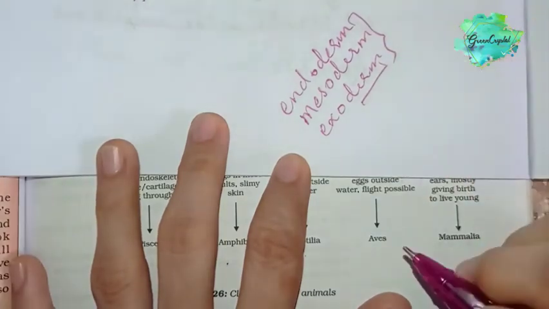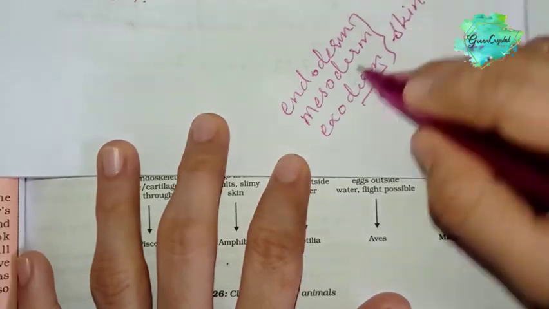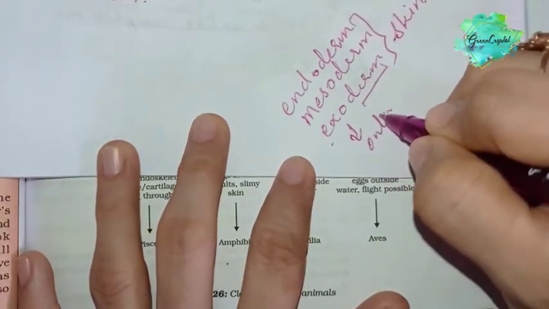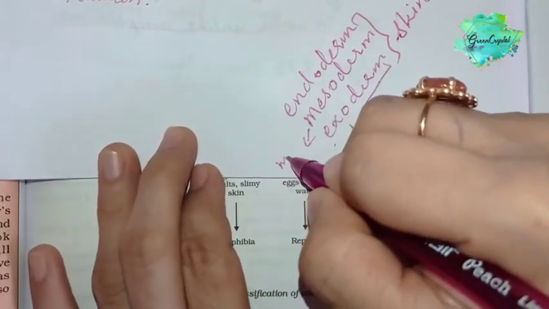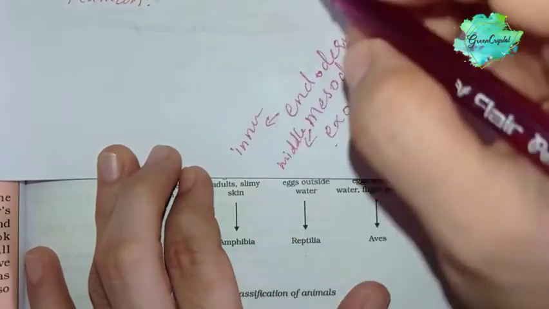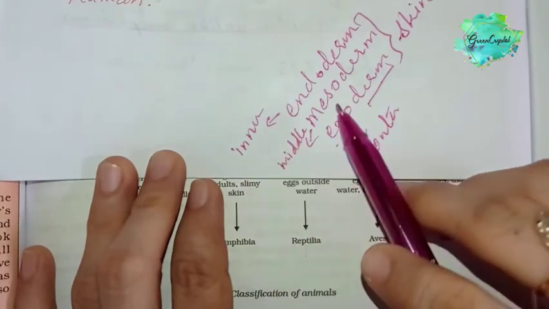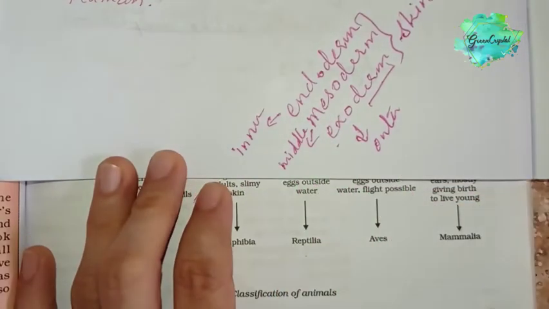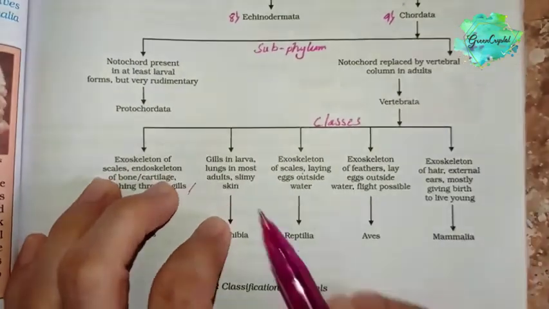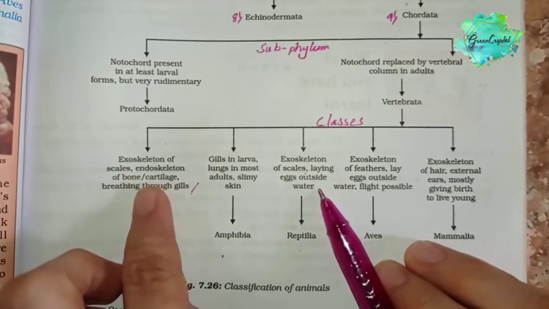Derm means skin, the skin layer. Exoderm means outermost, meso means middle one, and endo means inner one. So when endo comes, it means innermost, meso middle, and exo outer, whether it is derm, skeleton or anything. So exoskeleton means outer skeleton and endoskeleton means inner skeleton.